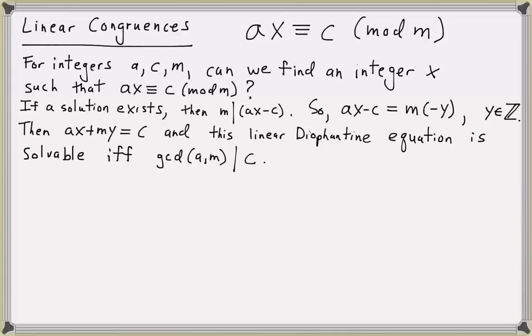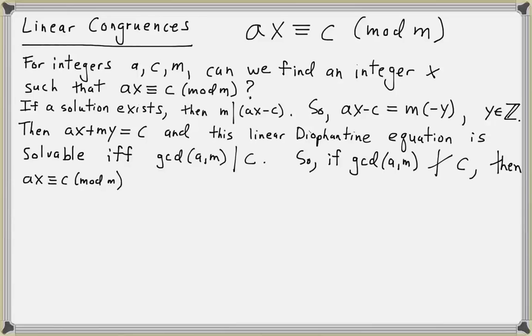So we see that if the greatest common divisor of a and m does not divide c, then this linear congruence has no solution. So if the GCD of a and m does not divide c, then the congruence ax congruent to c mod m has no solution.